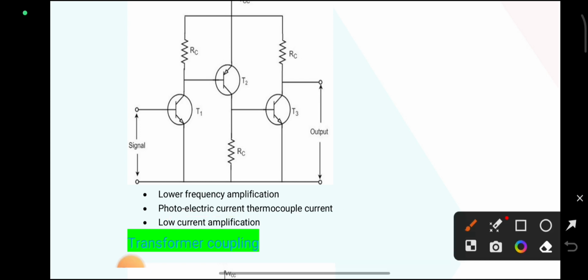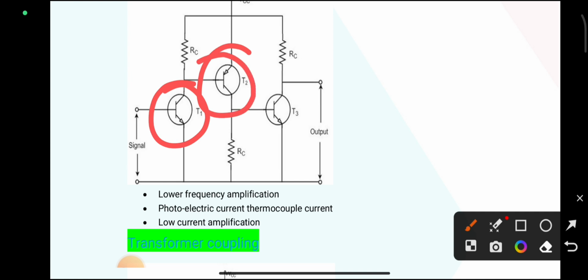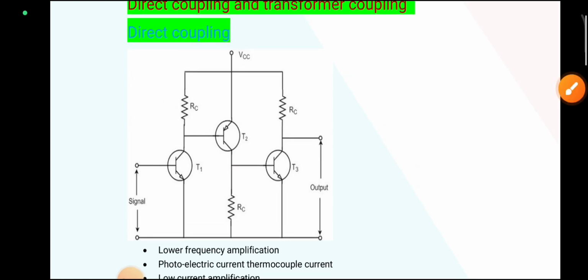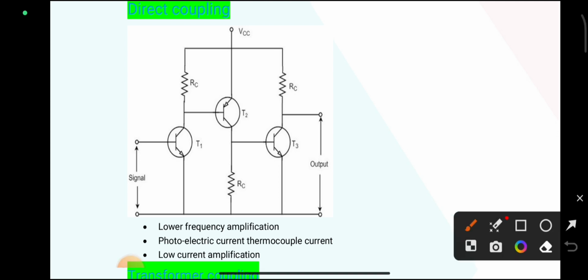Next, the variations of the first transistor are cancelled in the second transistor. Here the first transistor is an NPN transistor and transistor T2 is a PNP transistor.